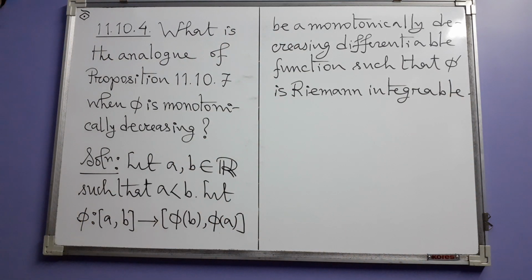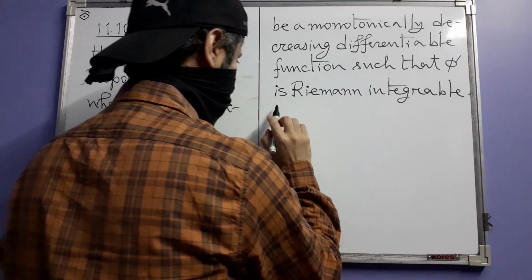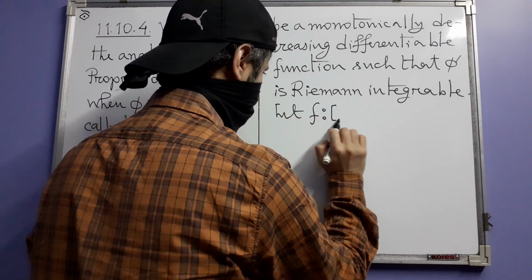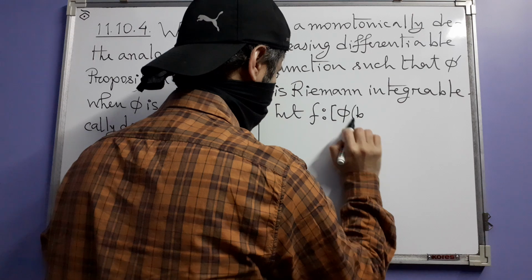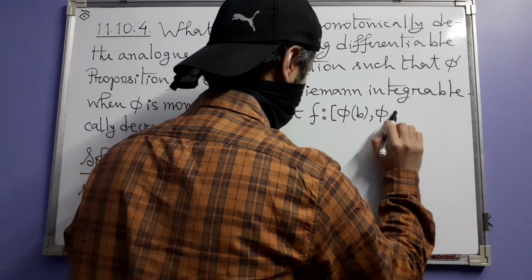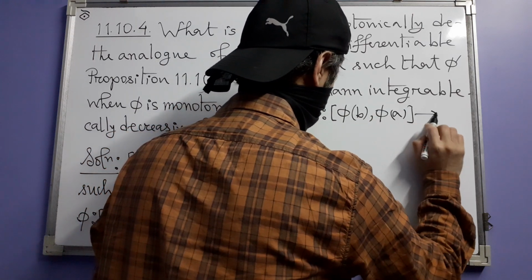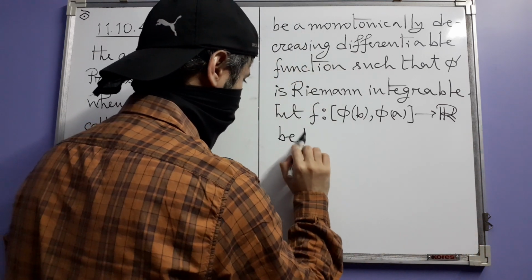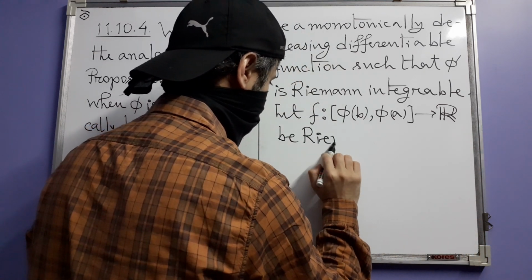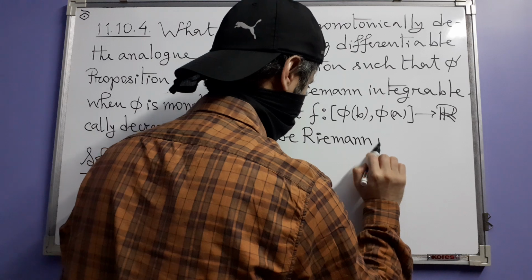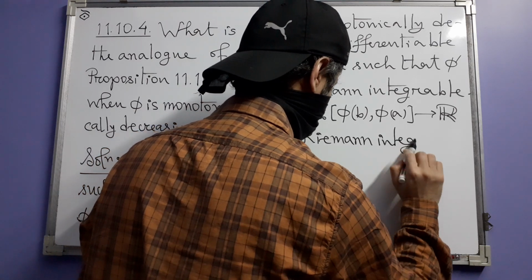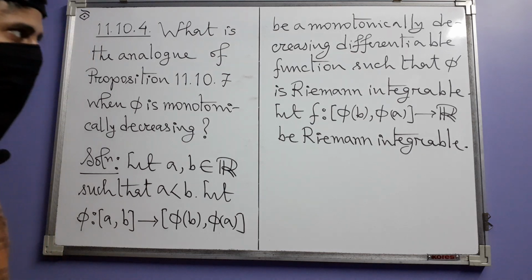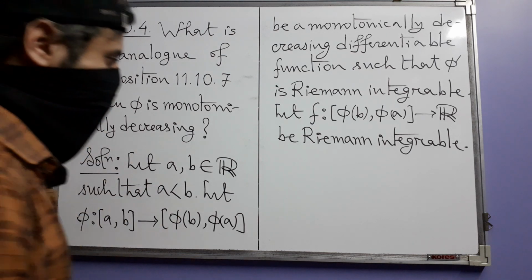And we need another function, of course. Let f from [phi(B), phi(A)] to R be Riemann integrable. Alright, then what is the conclusion?